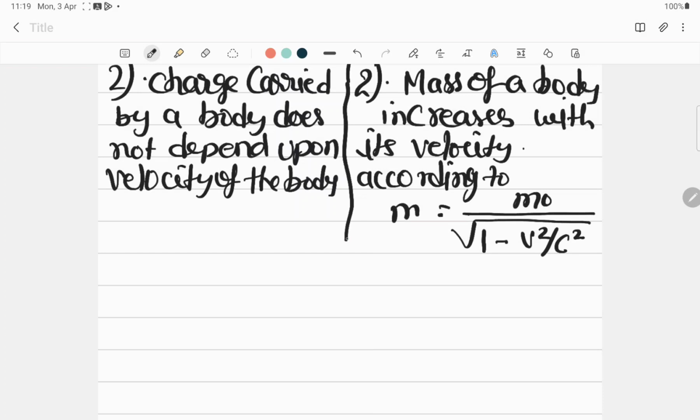Rest mass means mass measured in the resting condition.